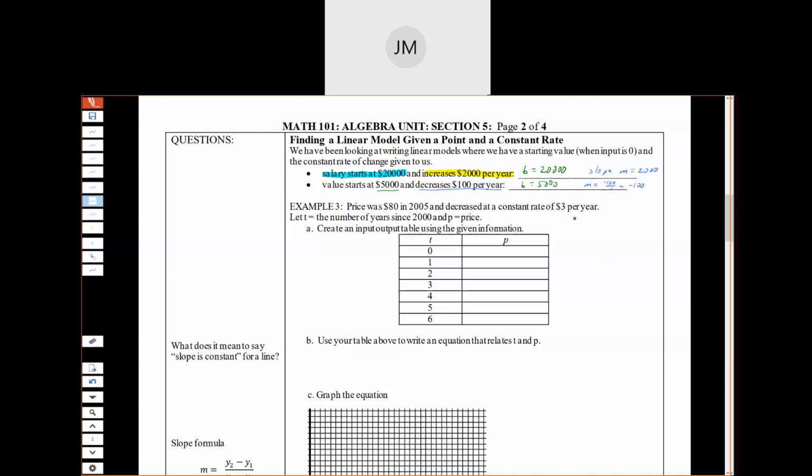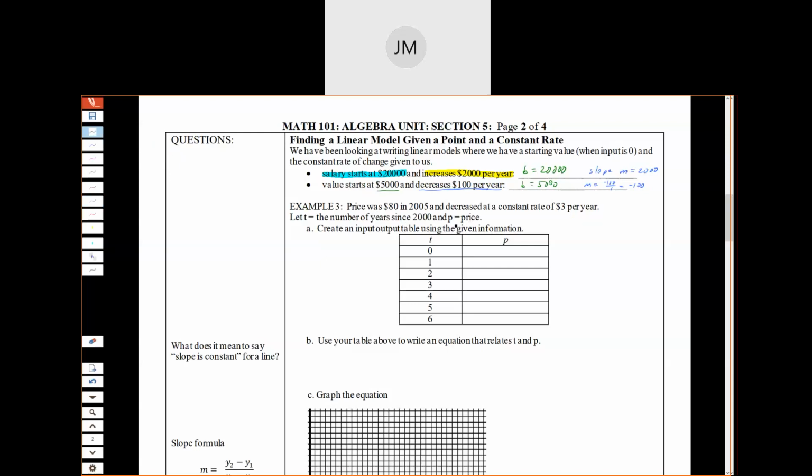Okay, let's look at example 3. Price was $80 in 2005 and decreased at a constant rate of $3 per year. Let T be the number of years since 2000 and P equal price.